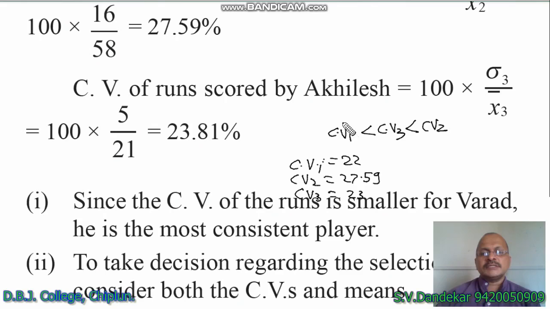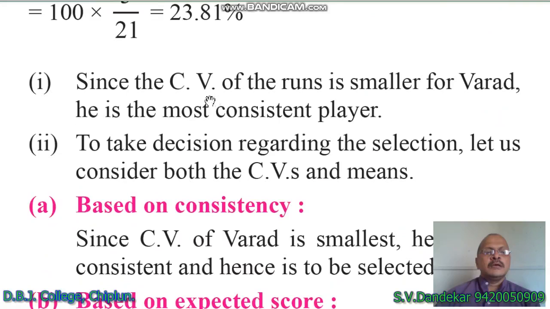Now from this, CV1 is smaller, therefore the first batsman is more consistent than the third, and the third batsman is more consistent than the second batsman. Since the coefficient of variation of runs is smaller for Varad, he is the most consistent player.